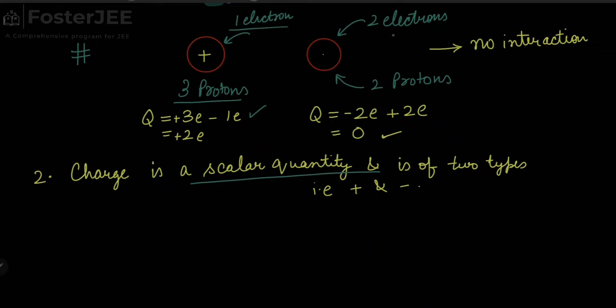Similarly, on this body, initially we took 2 electrons and then we took 2 protons. So the net charge will be simply the algebraic sum of both these charges. So this is the meaning of charge is scalar.